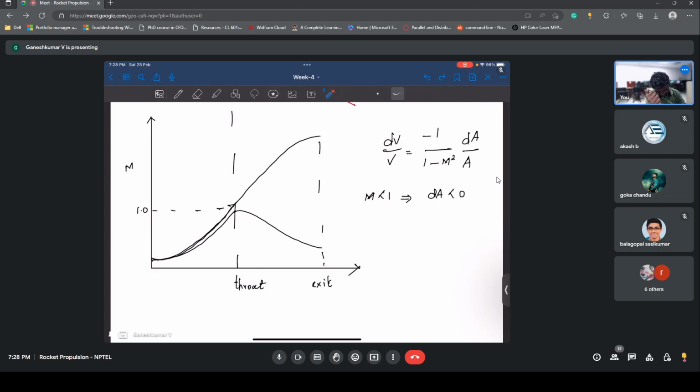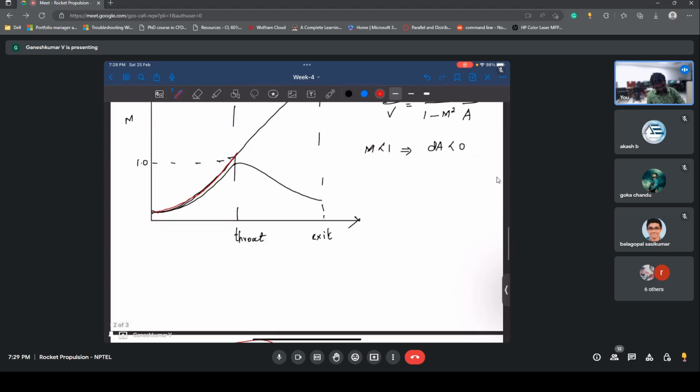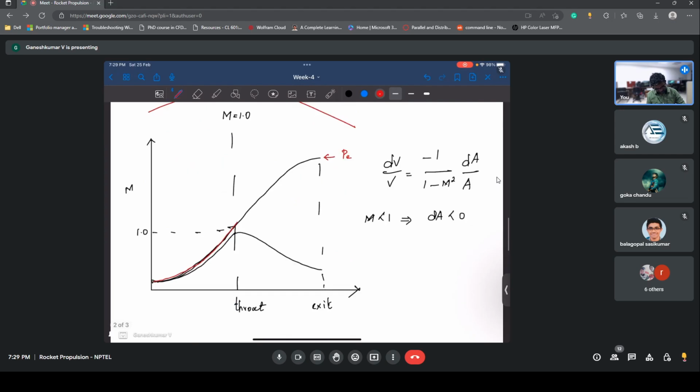Let's say I reach Mach 1, and this is some exit pressure which I designed. But my pressure is, let's say, less than the exit pressure. So if we plot the exit pressure, where do I plot it?